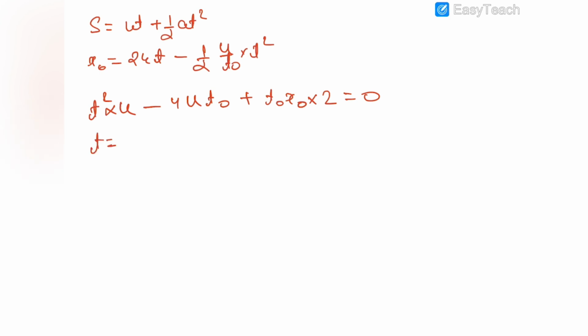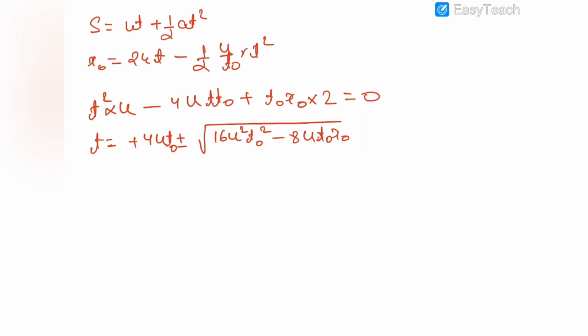So the time of collision would be plus 4u t naught, plus minus under root of b square, which is 16u square t naught square, minus 4 into 2, 8 u t naught x naught.